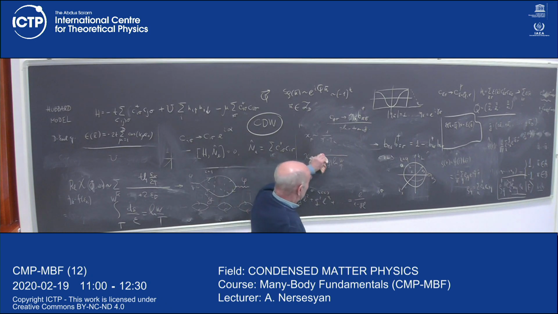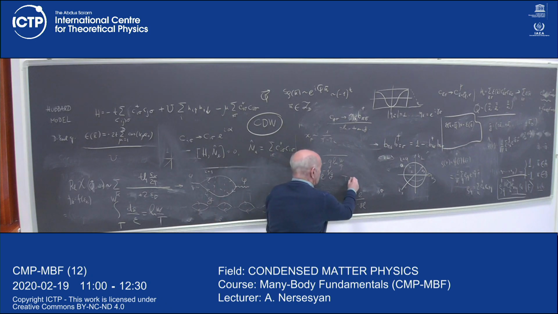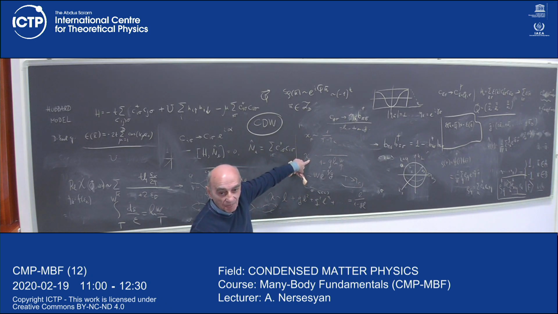But if this G is negative, then there exists a temperature, Tc, which is of the order of W exponent 1 over G. And such that at T greater than Tc, your chi is positive and finite.